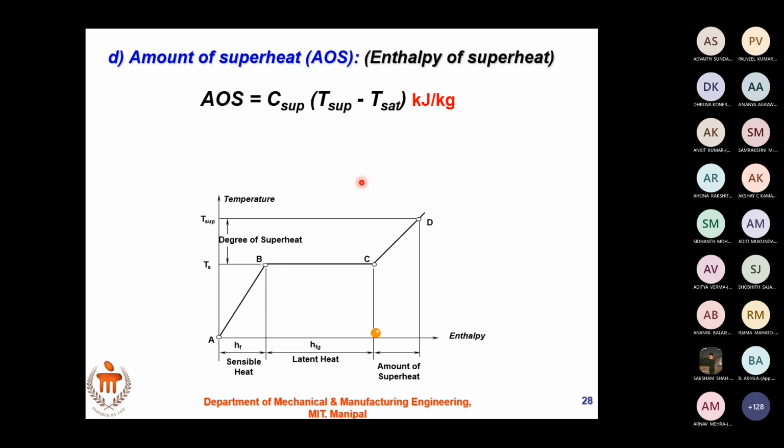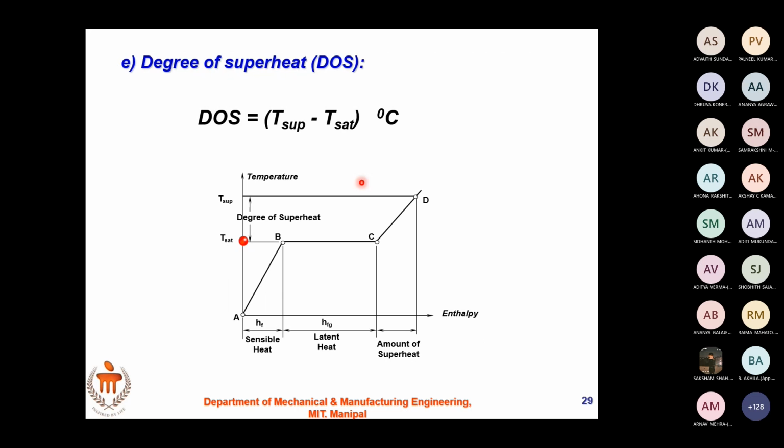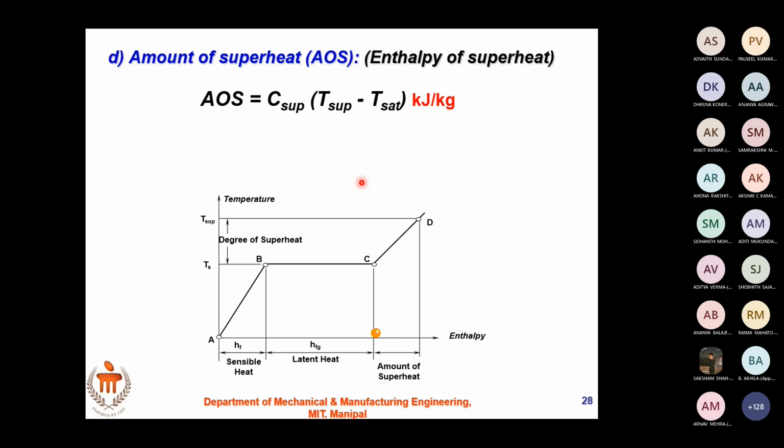Okay, anybody having any doubt? Ma'am, my doubt is why isn't mass considered here? The reason is your steam tables are given in terms of per kg. Whenever you are supplied with mass, you need to multiply this by m to keep your units in terms of kilojoules. That we will do when I'm solving the problem.